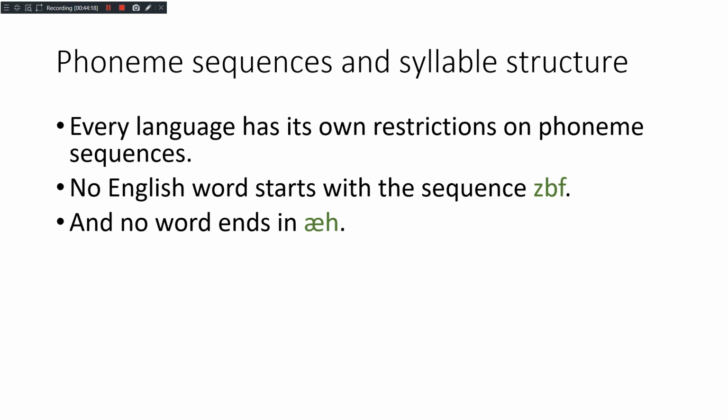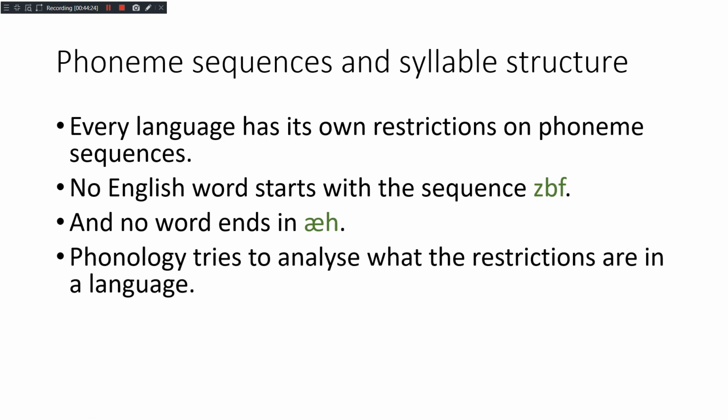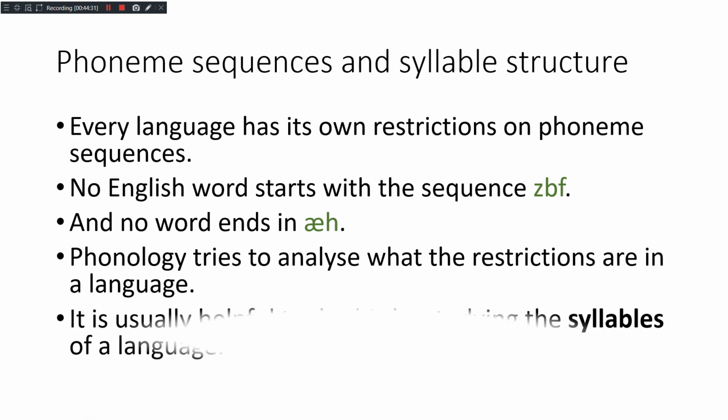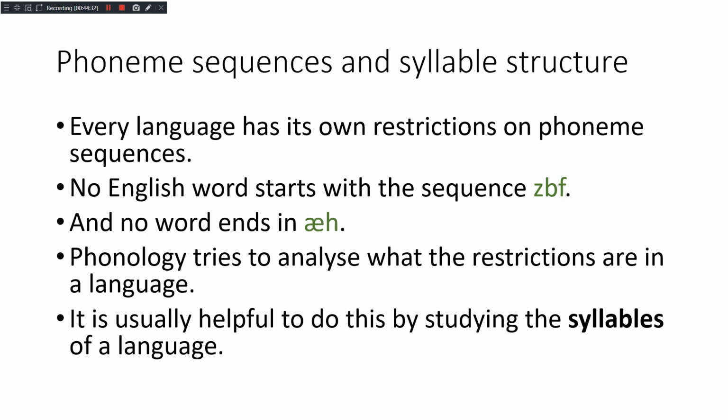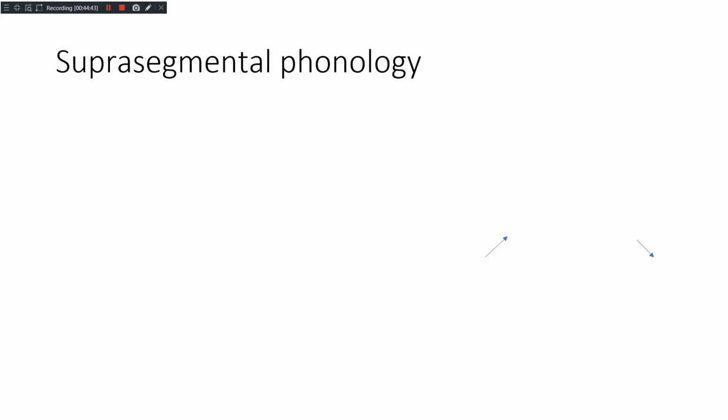A sequence is a series, a number of things following each other. Therefore, phonology tries to analyze what are the limitations in a language. And it is usually helpful to do this by studying the syllables of that language that you study.